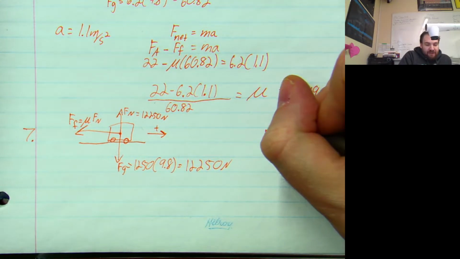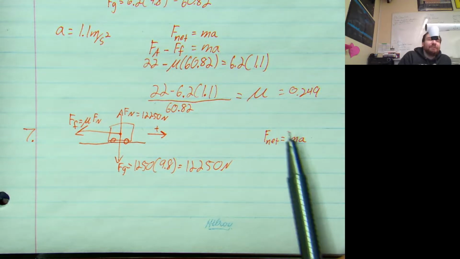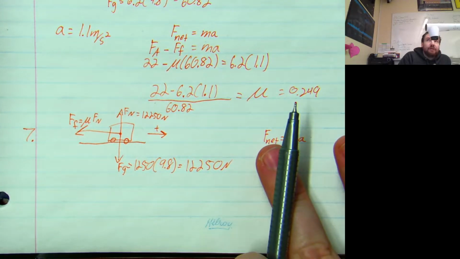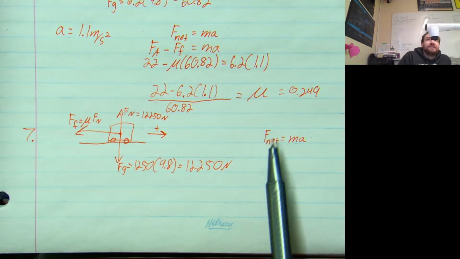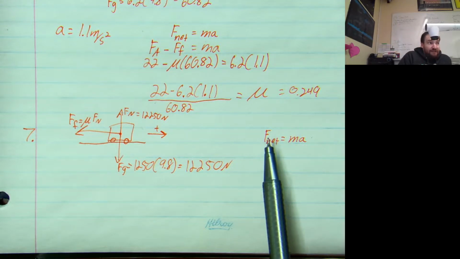So then let's plug this thing into F net equals ma. Everything we do in this chapter starts here. So then what is the sum of my forces acting in the direction of motion? What forces are acting in the direction of motion?